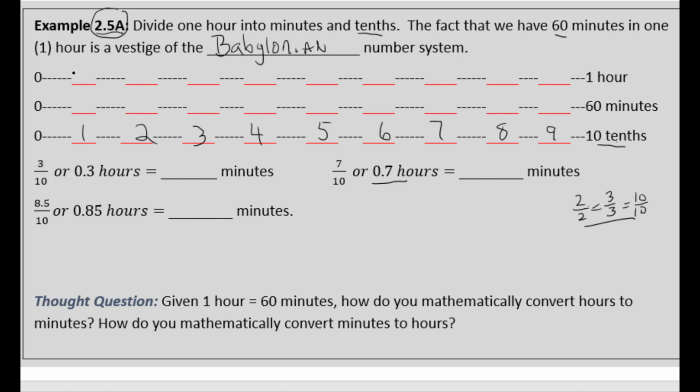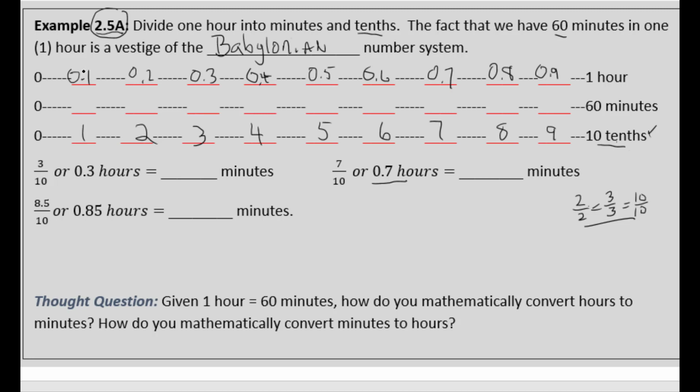So the hours have been cut into tenths, and I'm going to write them this way. 0.1, 0.2, 0.3, 0.4, right? 0.4 is the same as 4 tenths. 0.5, 0.6, 0.7, 0.8, 0.9, and finally 1.